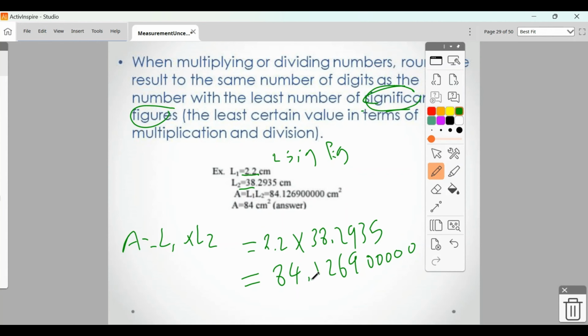And since my answer should have two significant figures, my answer should stop up to here. And because this digit is less than 5, I will leave all this. But if it is 5 or greater, I will round. So the answer is 84 centimeter.